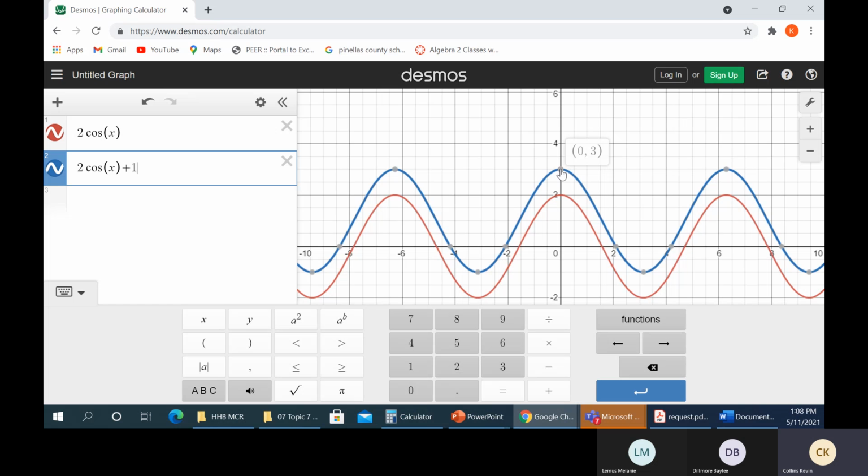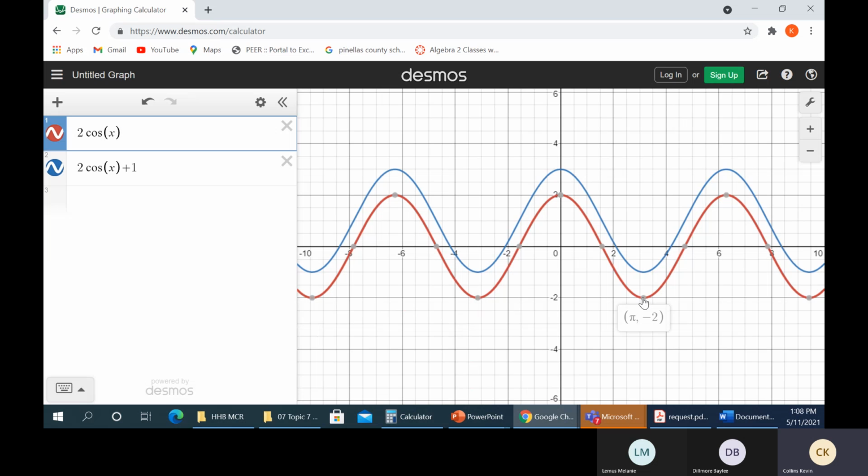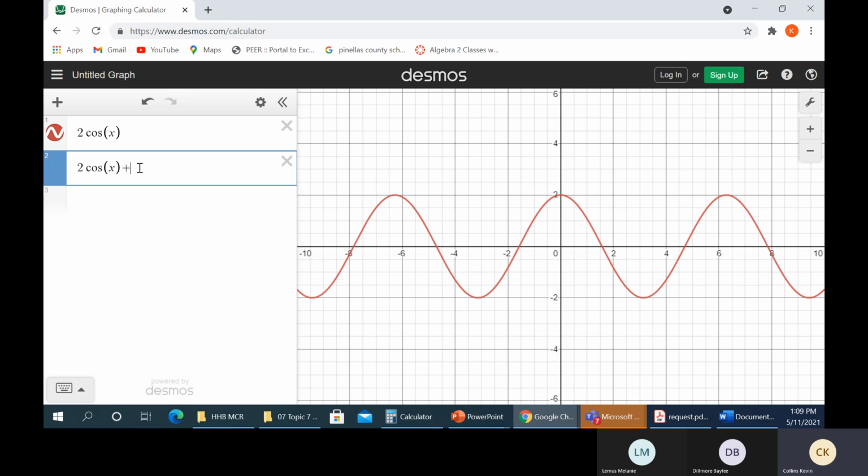So we move the whole thing up 1, which also means the original bottoms out at -2, where the new one in blue is going to bottom out at -1, because you'd have -2, and then +1 is -1. So it just moves you up and down. And same thing here, if you decide you want to move it down, we'll say -2. So it just moves the whole thing up and down. Notice the wave stays the same.